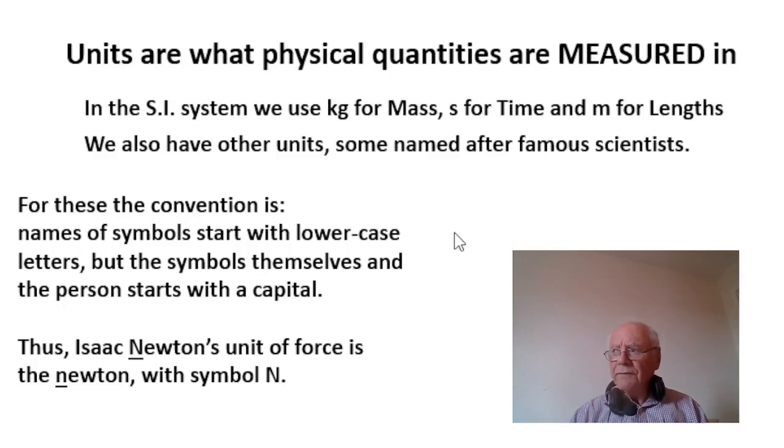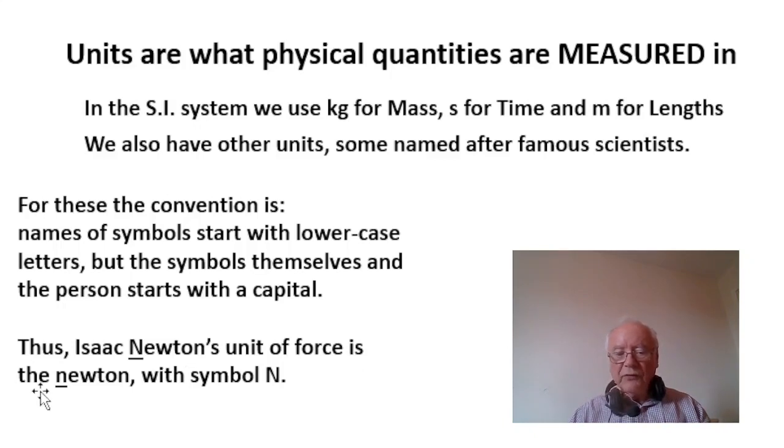These units are often named after famous people. There's a little convention here for the names of the units, the letters that represent the symbols, and the person the unit is named after. So, for example, I can write here Isaac Newton. Newton's unit of force is called the newton, and we use the symbol N. Isaac Newton has a capital letter because it's a proper noun.